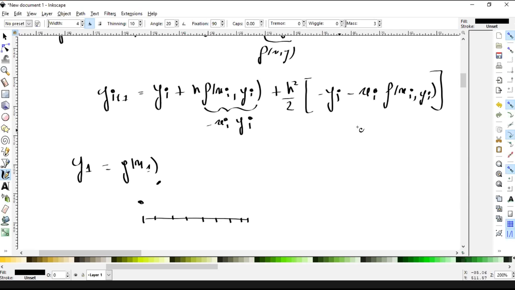But these two are explicit methods, because the points at the next step are immediately obtained from the previous points. So first I calculate the second point, then the third point, then the fourth point, and so on, and then I get my function y of x.